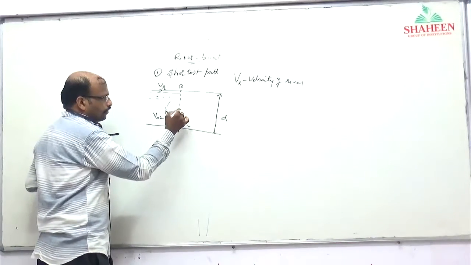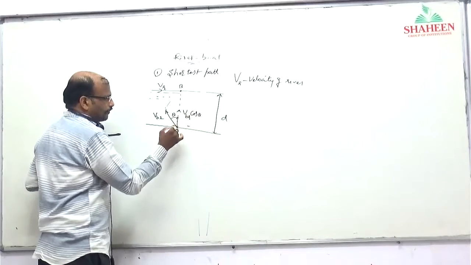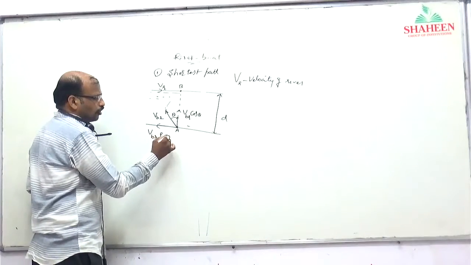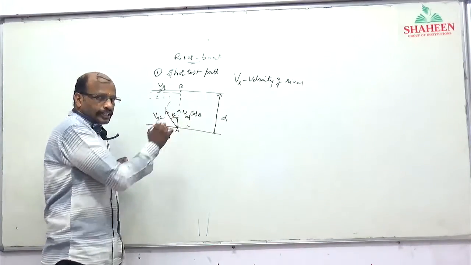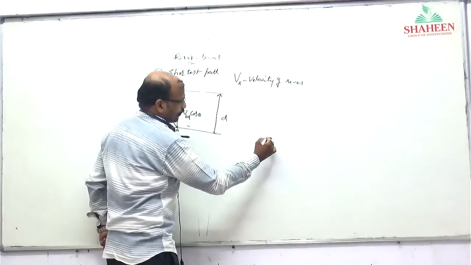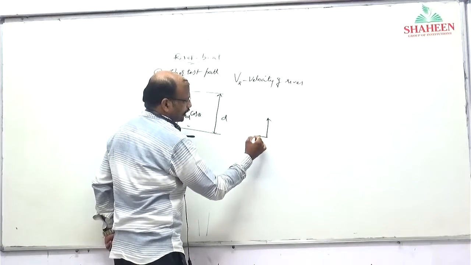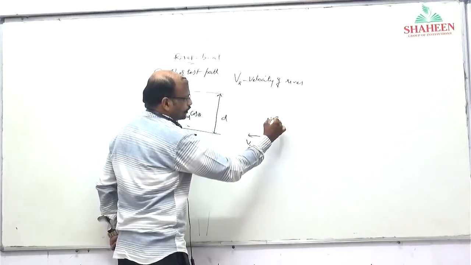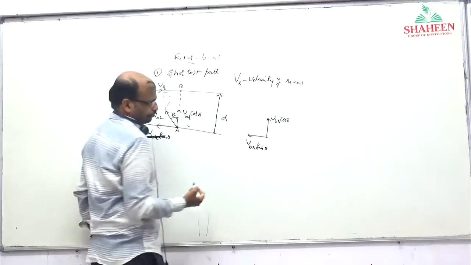Here we have two components of VBR: VBR cos theta and VBR sin theta. VBR sin theta is the horizontal component of VBR in this direction, and VBR cos theta is in this direction. I will draw this vector diagram here. This is VBR cos theta and this is VBR sin theta, and VR is in this direction.